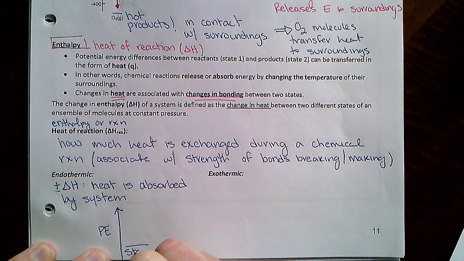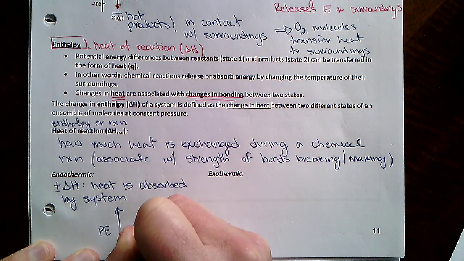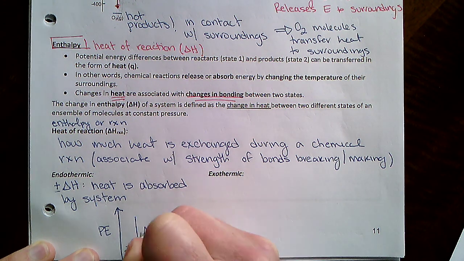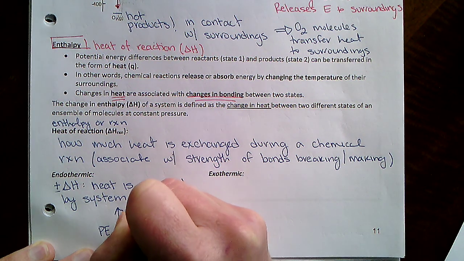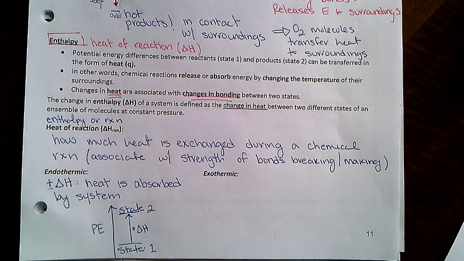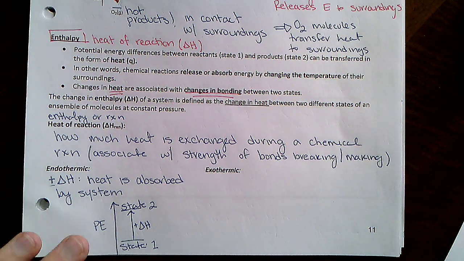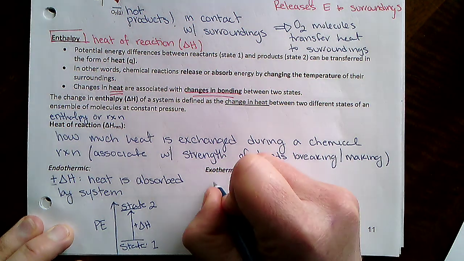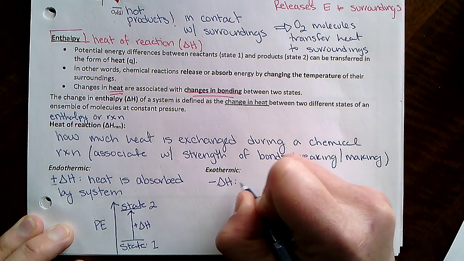State 1 has a low potential energy, and heat is getting absorbed, so delta H is positive to get to state 2. That's what an energy diagram would look like for an endothermic reaction. For an exothermic reaction, the delta H, or the change in enthalpy, is negative. Heat is transferred out.